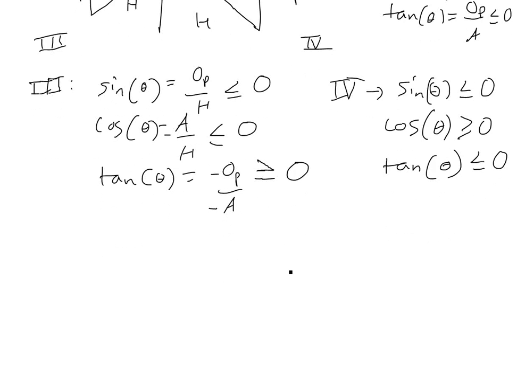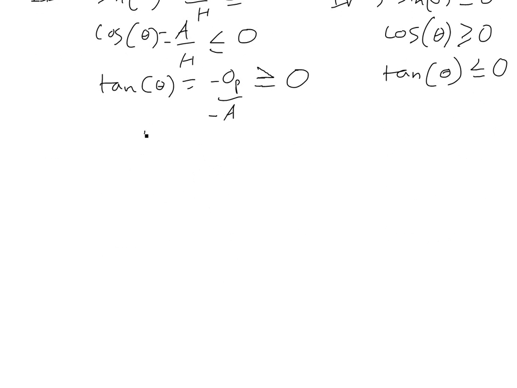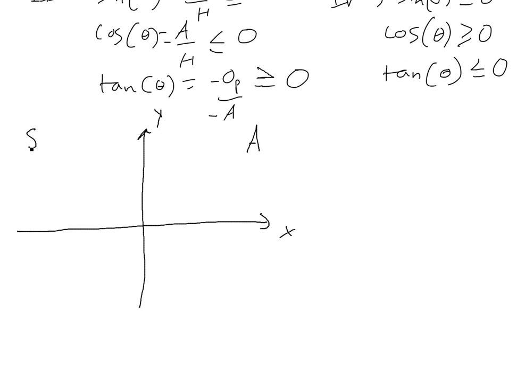An easy way to remember the positive signs is to do this. This is Y, this is X. We'll call this A, S, T, C. This is all positive, all students take calculus. That's an easy way to remember it.